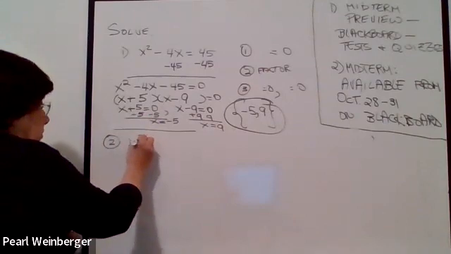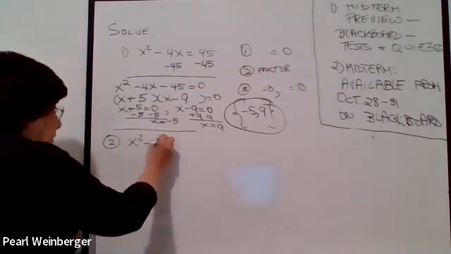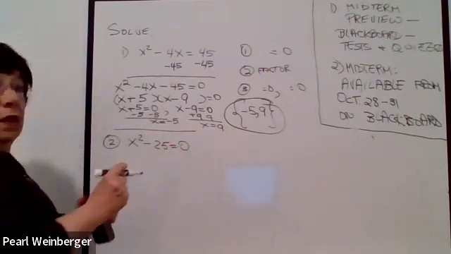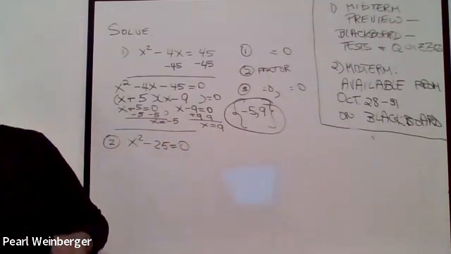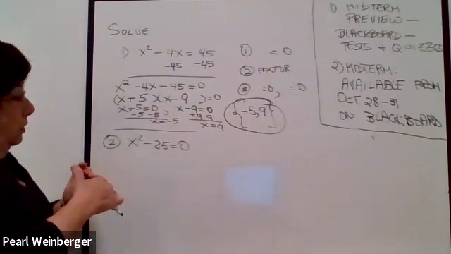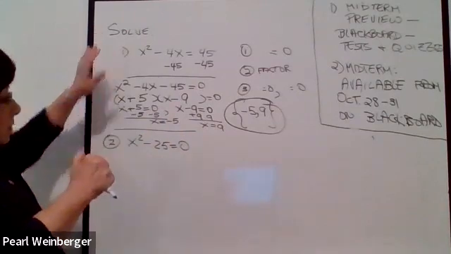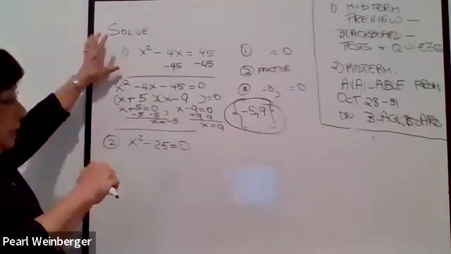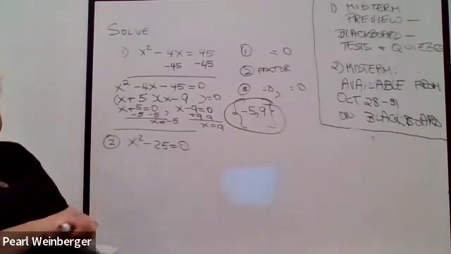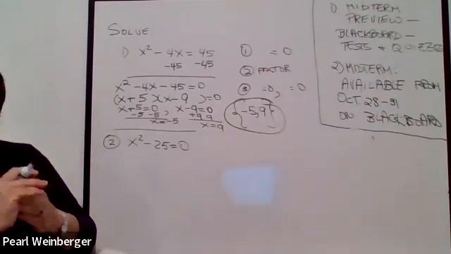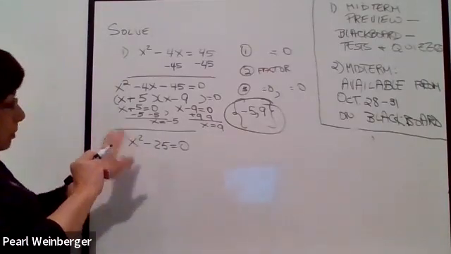We have x squared minus 25 equals 0. Again, I know it's a quadratic equation. It says sum, and it has an equal sign. It's got to be an equation. And it has an x squared.